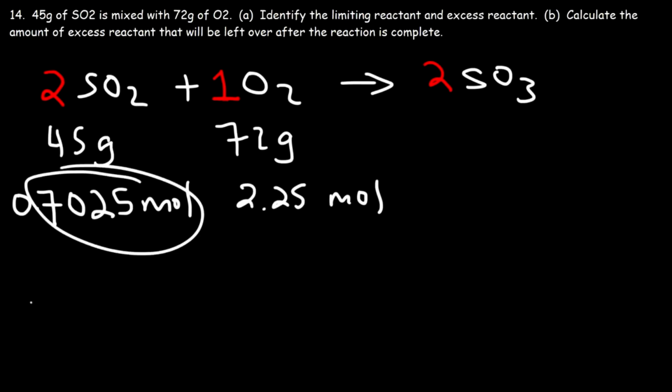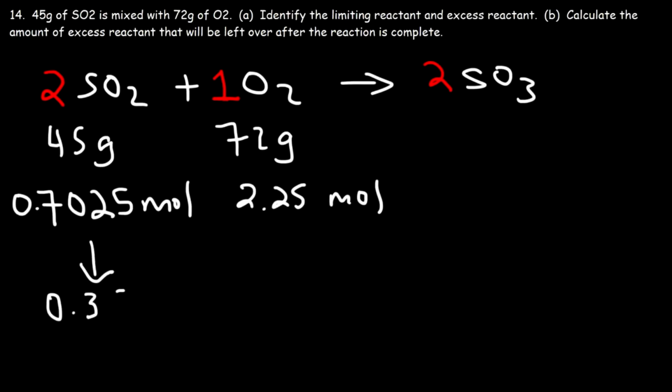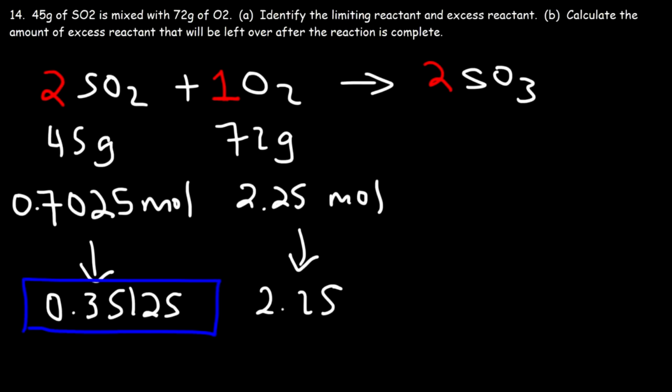So this one, we're going to divide it by 2. 0.7025 divided by 2 is 0.35125. This one, we need to divide it by 1, so it's not going to change. So as we can see, SO2 has the lowest mole per coefficient ratio. So this is going to be the limiting reactant, and O2 is the excess reactant.